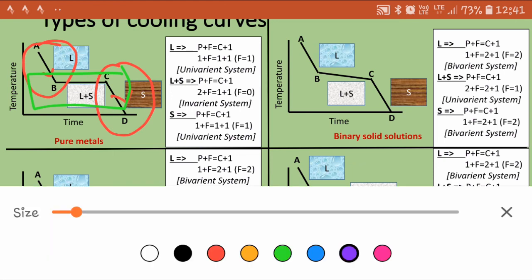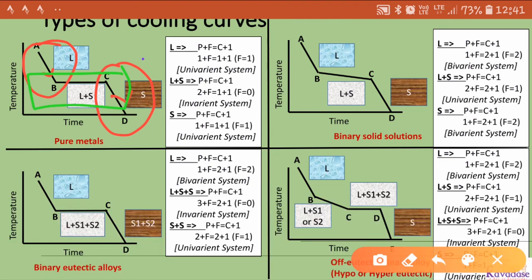Okay, and then what I have done here, we have calculated the degrees of freedom for each system by using Gibbs phase rule. We have already seen Gibbs phase rule in previous lectures, so we have implemented that Gibbs phase rule here, and we have found out the values of degrees of freedom.